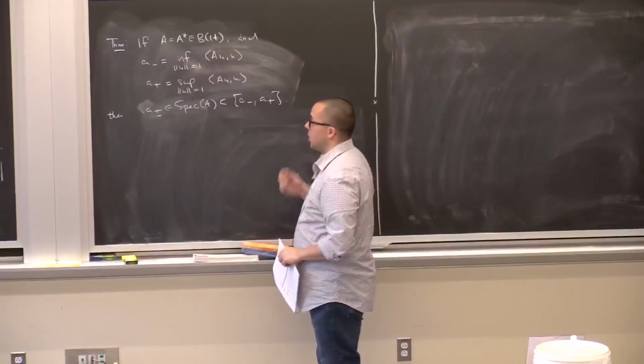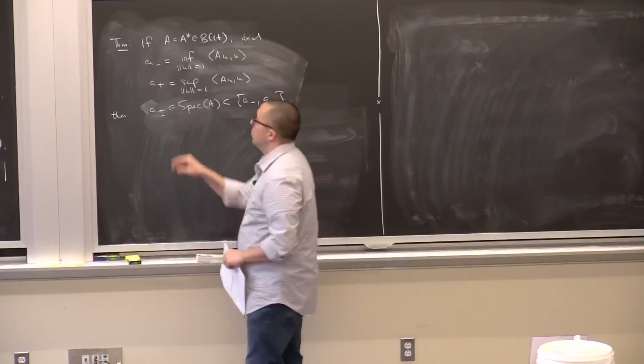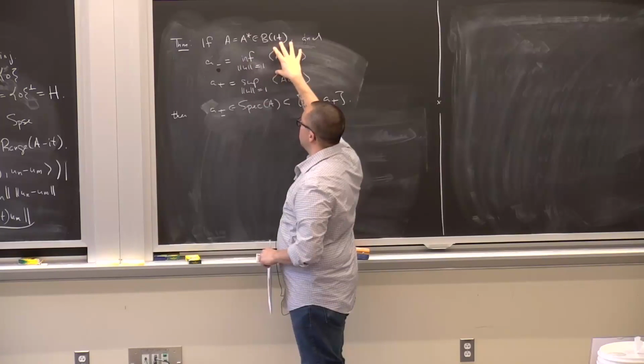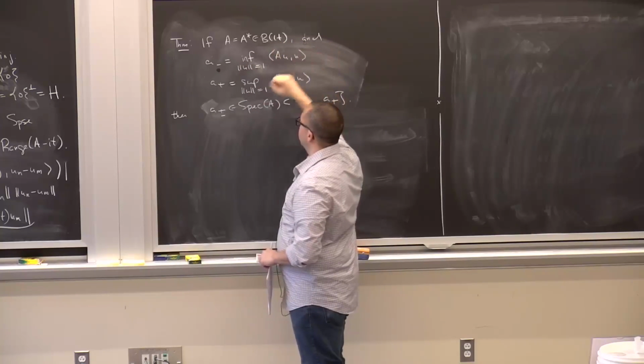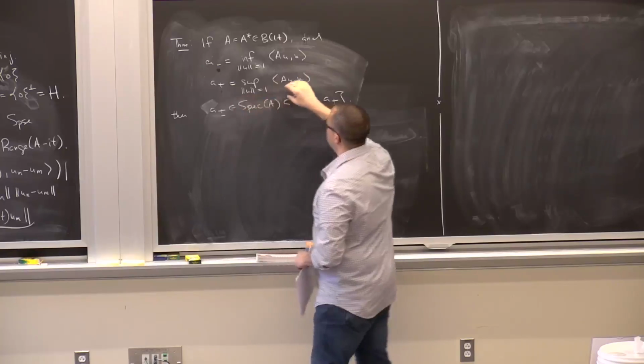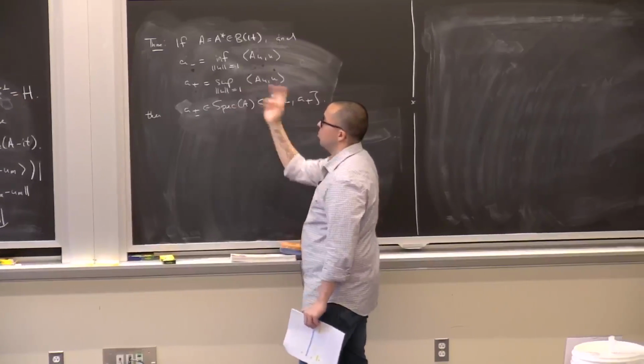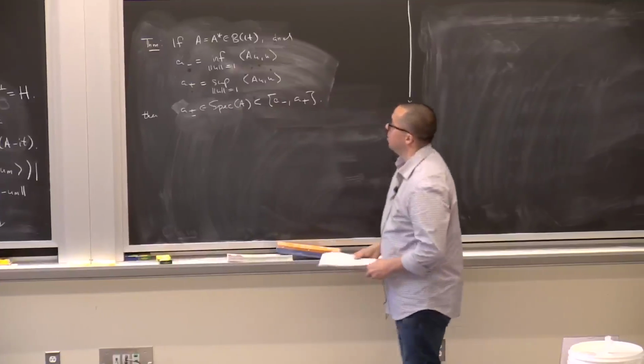So this is something of a tighter bound because A minus is always bigger than or equal to minus the norm of A, just by this always being bounded below by the norm of A. And A plus is always bounded above by the norm of A, since this is always bounded above by the norm of A, so the sup will be bounded above by that.